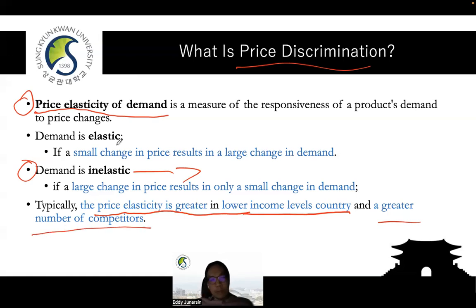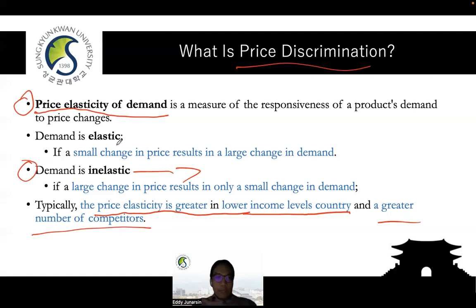Research shows that price elasticity is greater in developing countries, where the income is still not as high as in developed countries, and in places with a greater number of competitors.